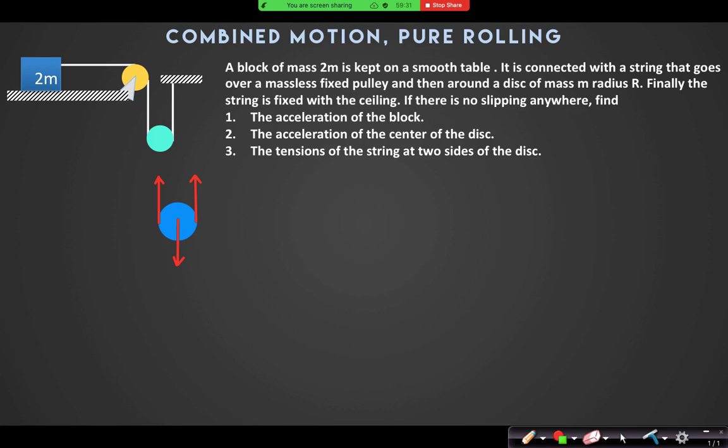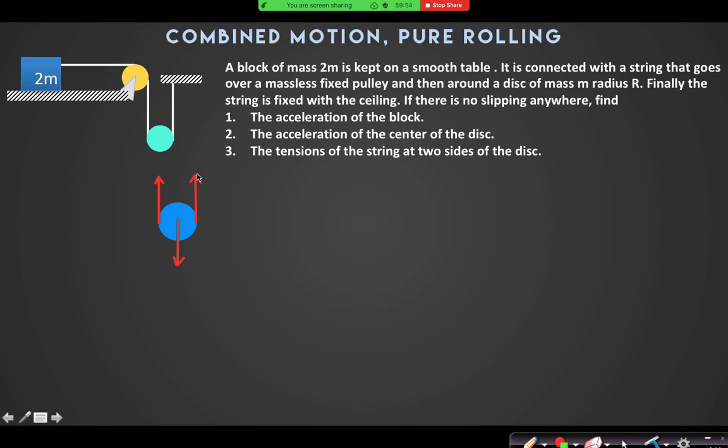There must be a friction, otherwise the disk cannot roll; it will behave like a normal small block, it will slide only, slip. It can slip without friction, but as there is friction, I cannot take the tensions to be the same.